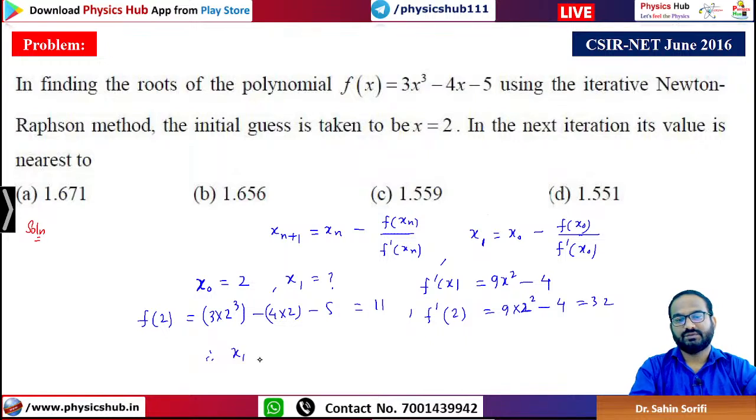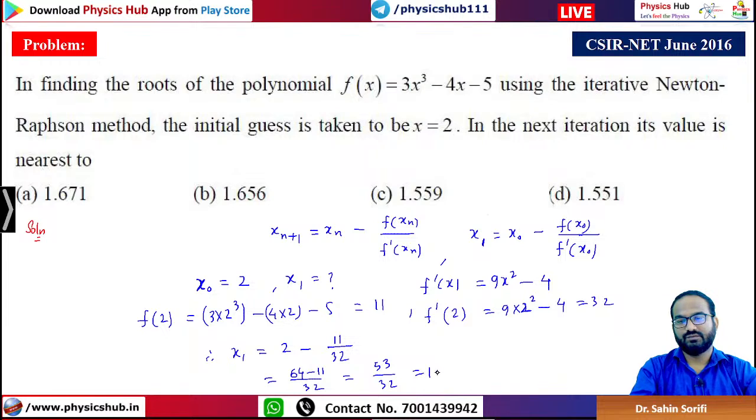Hence x1 equals x naught minus f of x naught, 11, by f prime of x naught, 32. So that is 64 minus 11 by 32, which is 53 by 32.